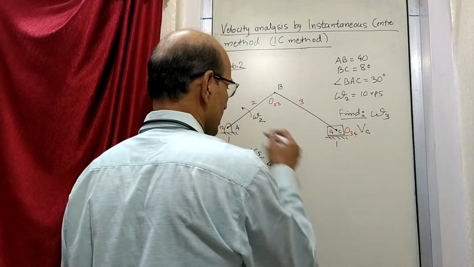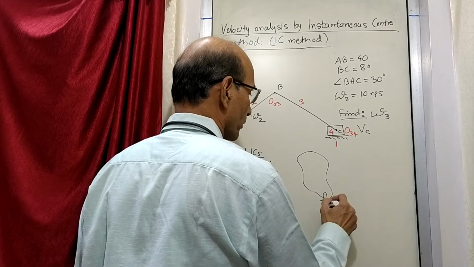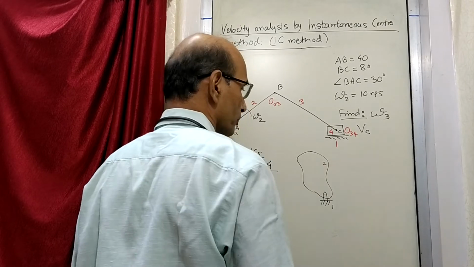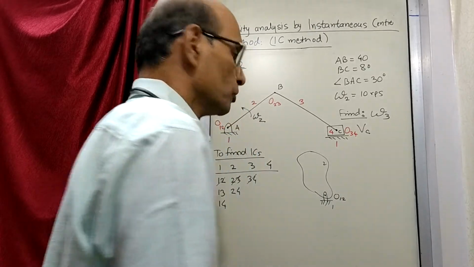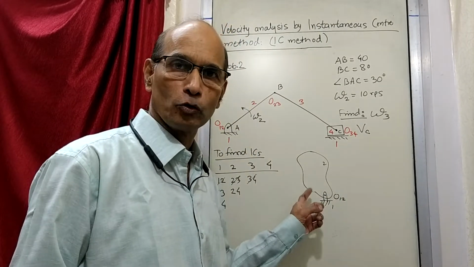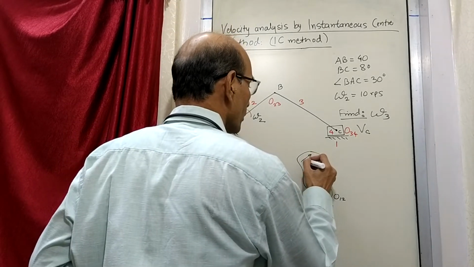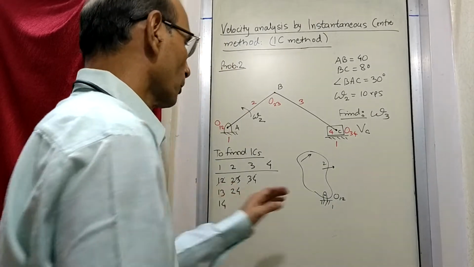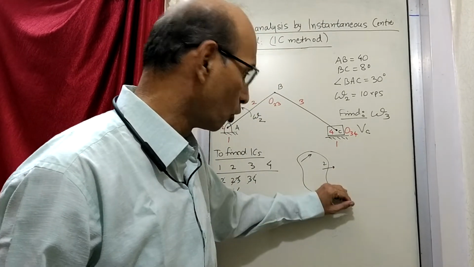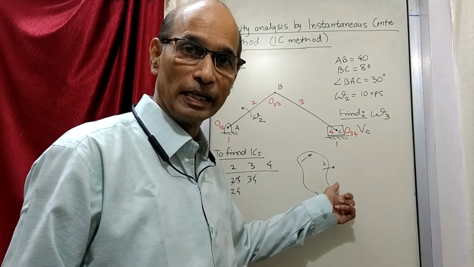Suppose this is link number 2, and we know this is center O12. How do you get this center O12 if it is not given to you earlier? You will be given the velocity of one point like this, and the velocity of another point like this. Suppose you don't know where O12 is, but you know the velocities of two points on the link.